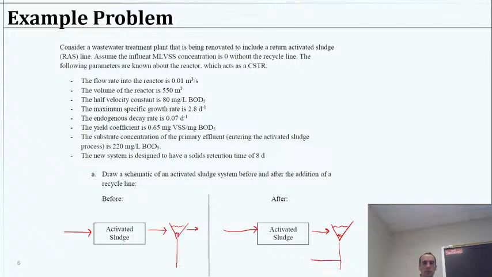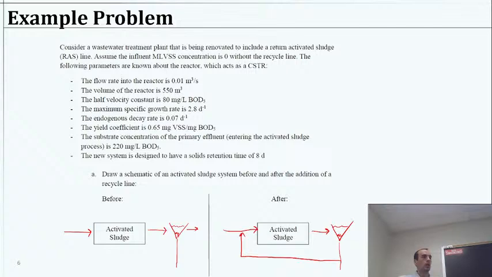Okay, so this should be pretty straightforward. In either case, we probably will be using a clarifier. In both cases, we probably have primary treatment, which would involve a clarifier up front. But whatever the case, what we're really after is just the secondary system right here. So in both cases, we're probably catching our microbes with a clarifier afterwards.